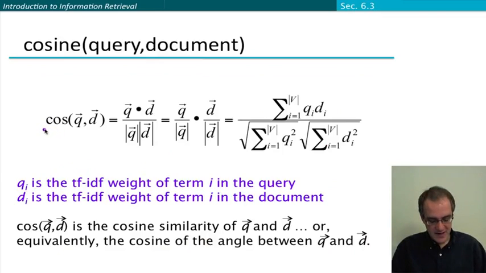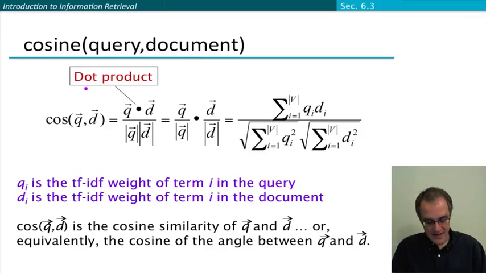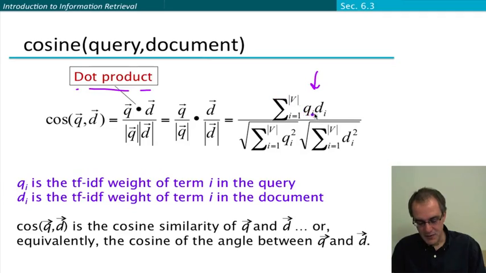So here's the cosine similarity between two documents, which is the cosine of the angle between the two documents. In the numerator, we calculate a dot product: we take the individual components of the vectors, component by component, multiply them and take their sum. Then we have a denominator which considers the lengths of the vectors.